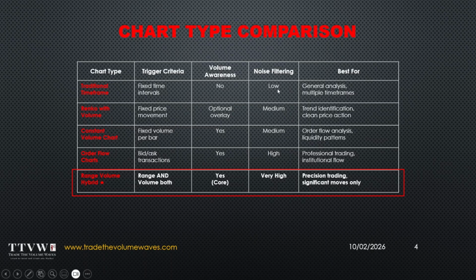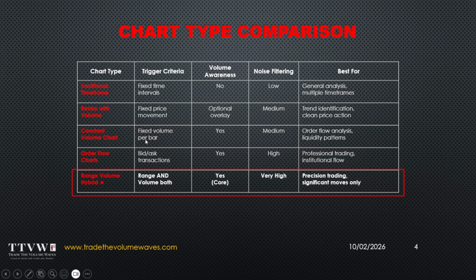There's no noise filtering, so it's best for general analysis and multi-time frame analysis. Renko has a fixed price movement, and volume again as an overlay. Noise filtering is medium and it's good for trend identification and clean price action.